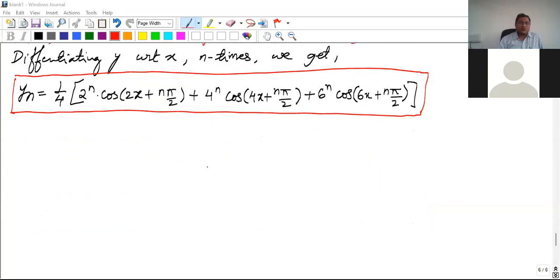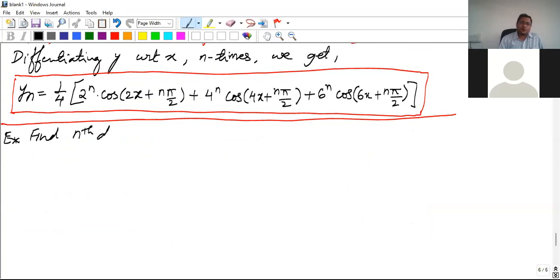Okay, suppose we have: find the nth derivative of y is equal to e raised to 2x cos x cos 2x.